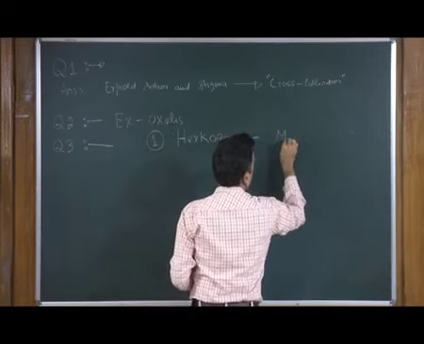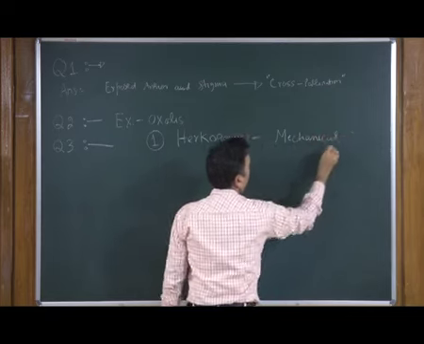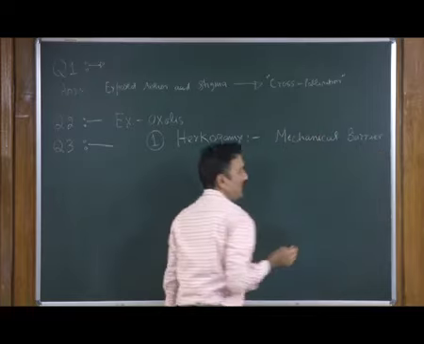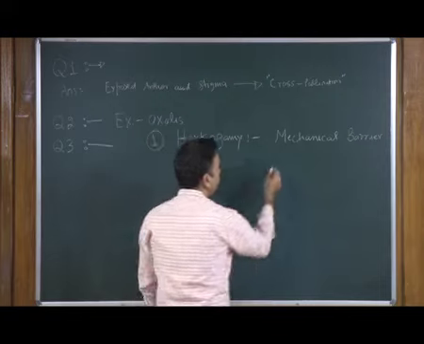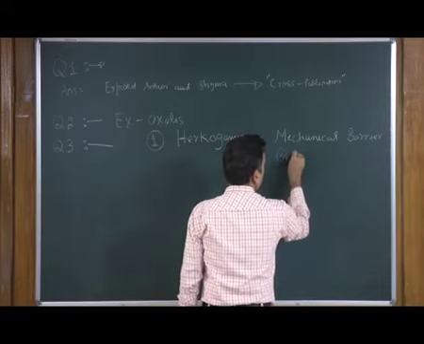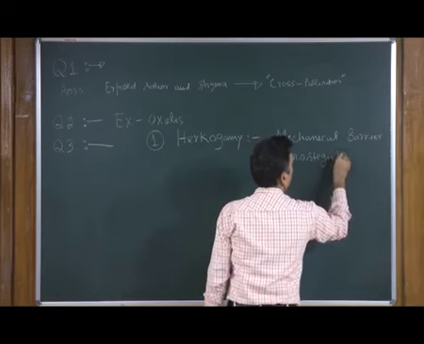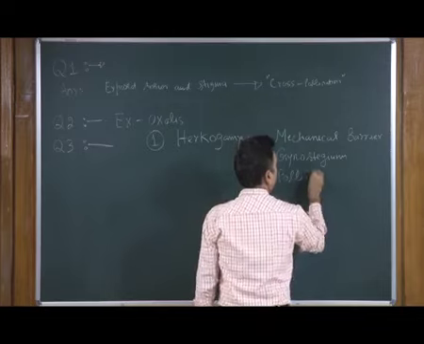Hercogamy means a kind of mechanical barrier. This mechanical barrier could be gynostegium or pollinia.